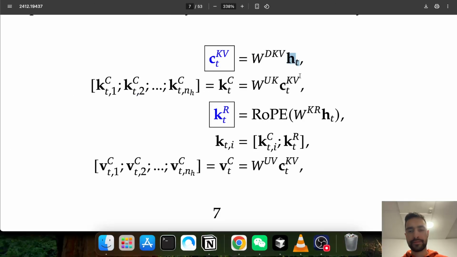Then we have a down-projection for key and value. This is a set of learned weights, so these are weights that the network learns by adjusting their values, and they will convert this vector embedding into a latent representation that will later help us create keys and values. A lot smaller vector.